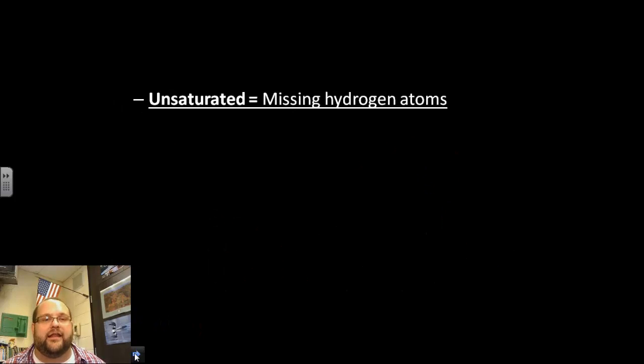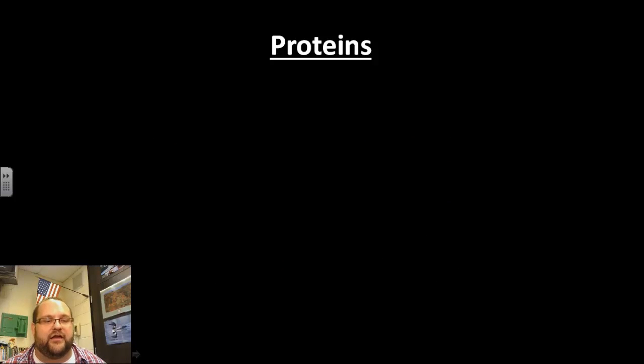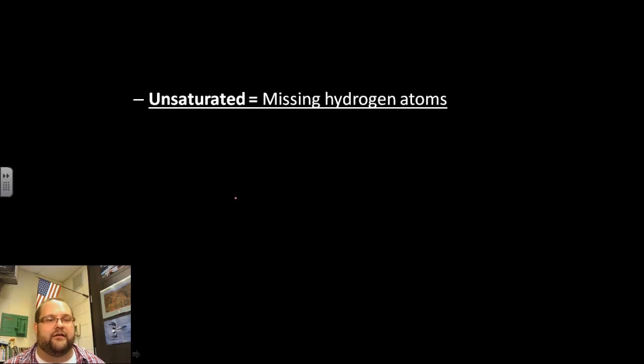How to make this thing unsaturated is if we have double bonds. I'm going to draw this out here. So we have these big long chains of carbon that make the fatty acid. If we double bond 2 of these carbons together, that means the carbon can form 4 bonds. So if you look at this carbon, it's 1, 2, 3. So it's going to have 1 hydrogen coming off of it instead of the normal 2.